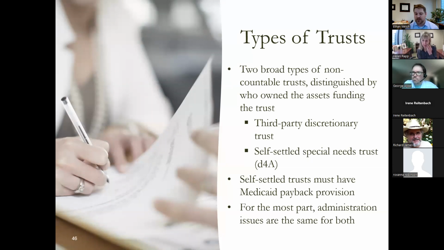The self-settled trust is the one with the Medicaid payback provision, and the third-party trust does not. They virtually work the same, except for that one huge difference, the Medicaid payback.